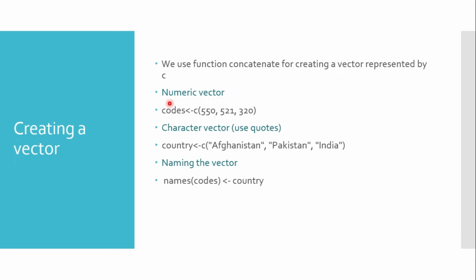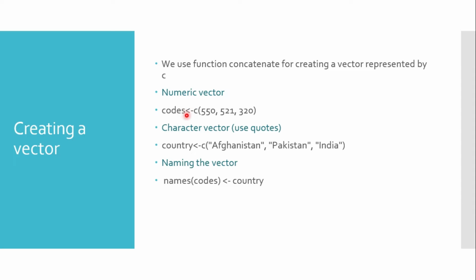Now suppose you are interested in creating a numeric vector. What you are going to do is first give it a name. We have studied the rules for giving names to objects and variables in detail. There are three rules that we studied in the previous lecture on data types in R. You can watch them again to understand how to give a name to the vector, variable, or object.